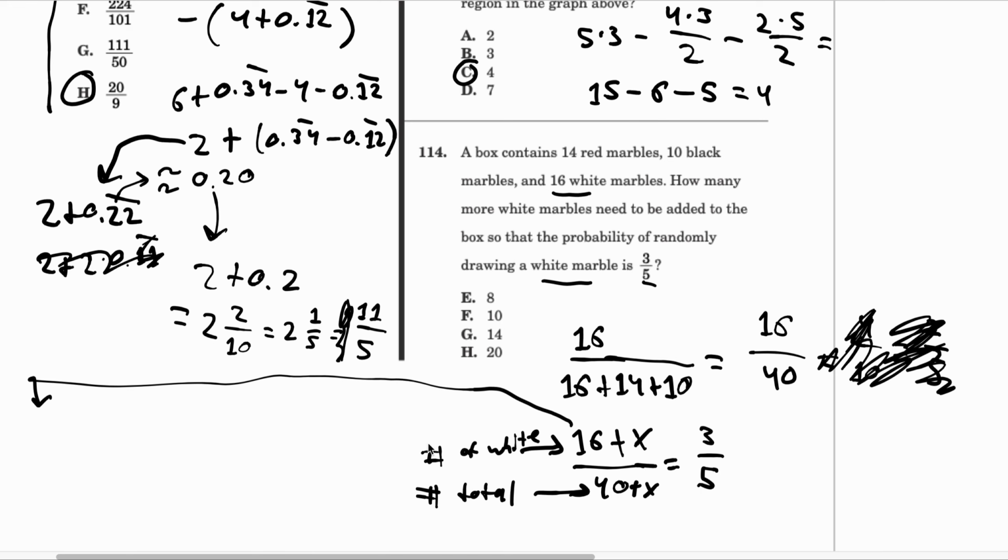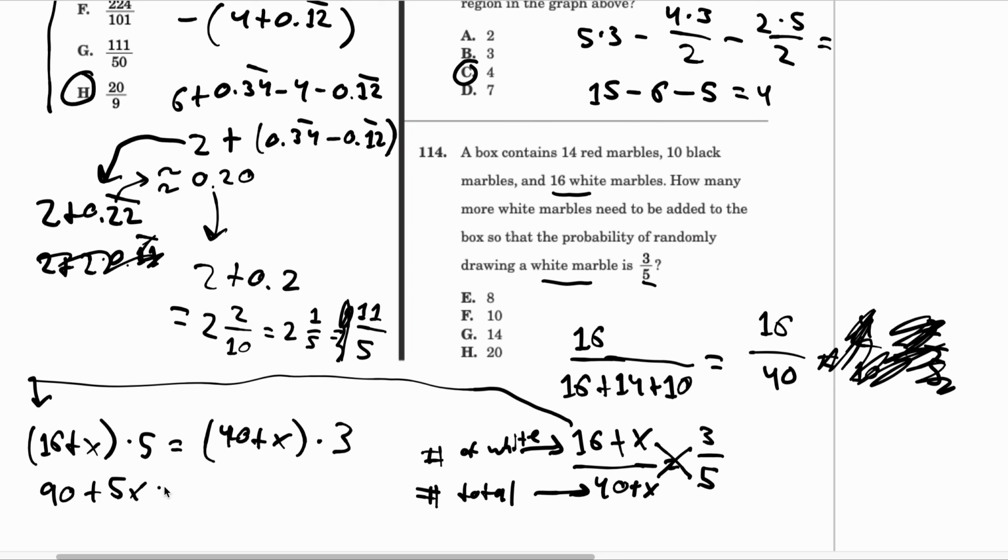Okay, so basically I'm going to solve this by cross multiplication. So I have 16 plus X times 5 is equal to 40 plus X times 3. And now I'm going to apply the distributive property. So 16 times 5, that's going to be 90. 5 times X is 5X.